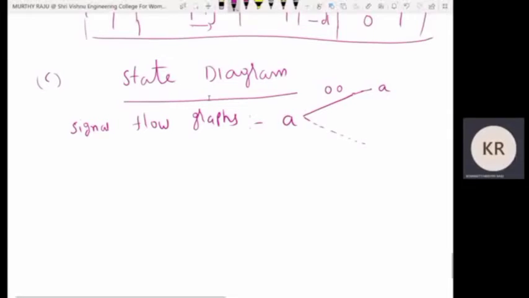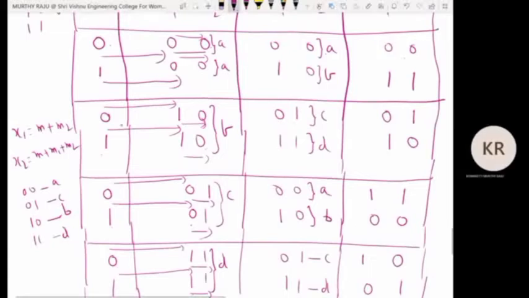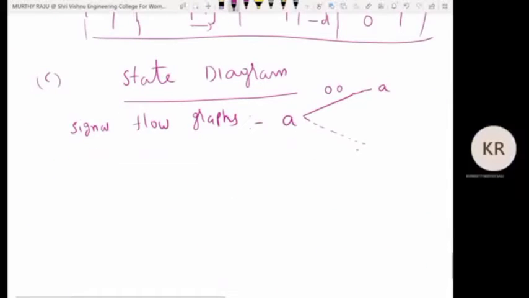Okay. You are in state A, input bit is 1. It goes to next state 1 0, that is B, with output 1 1.